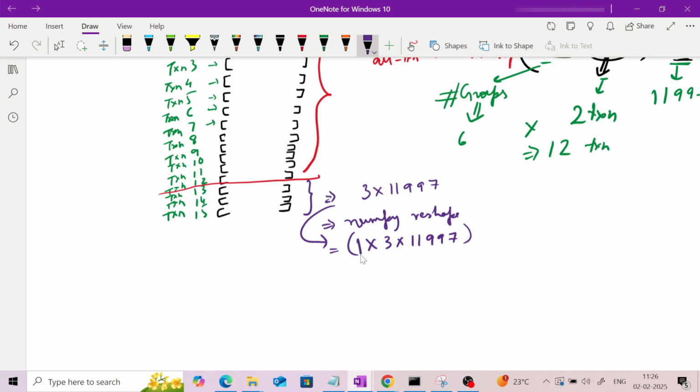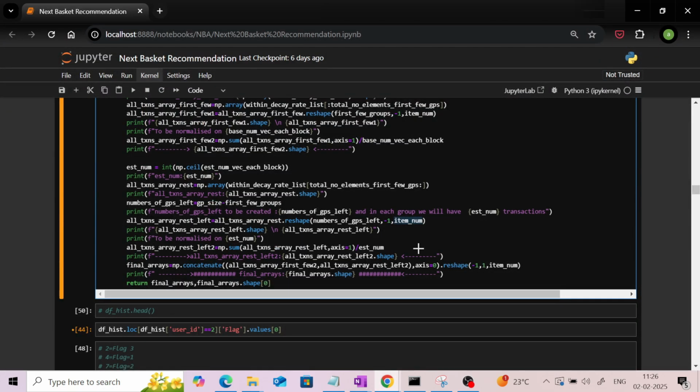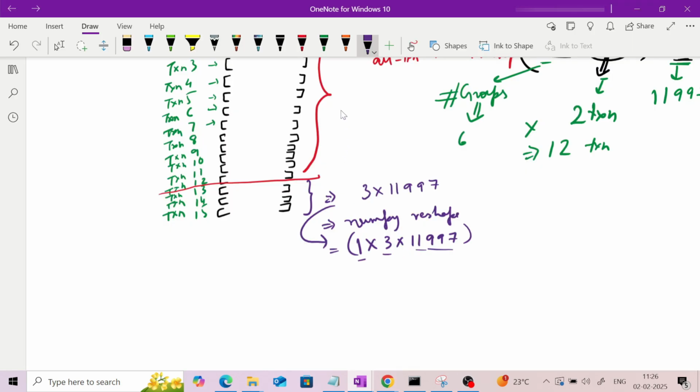It's a 3-dimensional array with one group which has 3 transactions, and the length of each transaction is 11,997. Again we do the same operation, summing all the 3 transactions with axis equal to 1. The axis here, when you say axis equal to 1, is basically this axis.